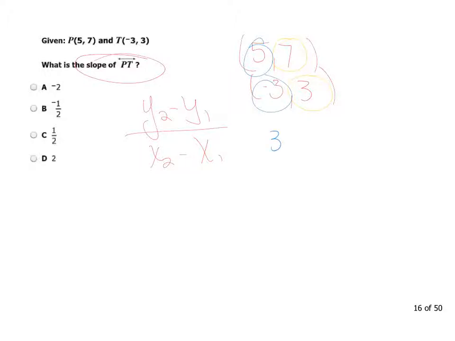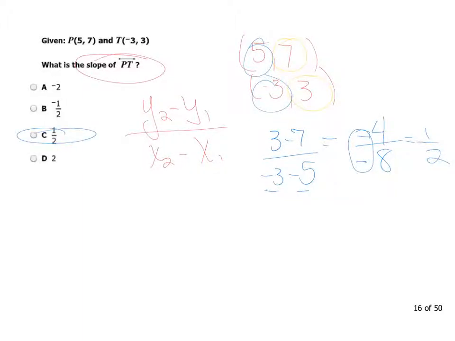So I'm going to do 3 minus 7 over -3 minus 5. 3 minus 7 is -4, and -3 minus 5 is -8. We don't see that answer over here, which means we didn't simplify. A negative over a negative is going to give me a positive, and 4 over 8 is going to give me 1/2. These are some of the questions that you can do and get some quick, easy points on the SOL.